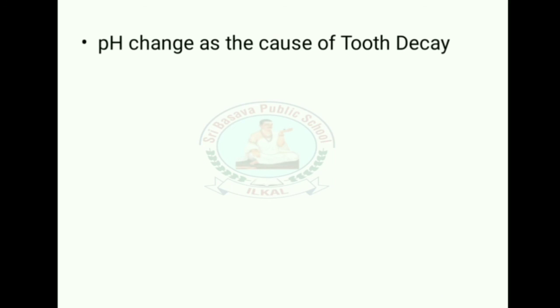And the next importance is that pH change is a cause of tooth decay. When the pH of the mouth changes, that also affects our teeth. For example, when you eat sweet things and do not wash your mouth properly, the sugar is attacked by the bacteria present in the mouth.